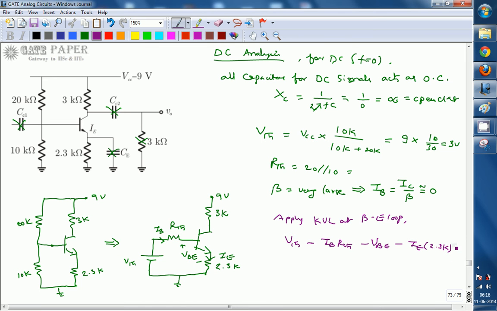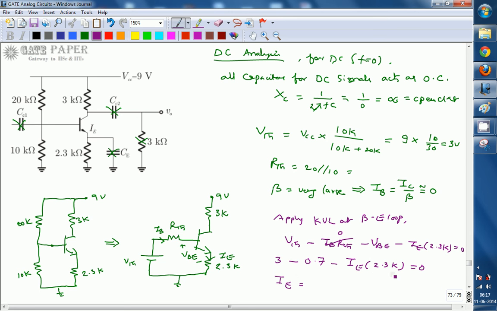VTH we have calculated as 3, and IB is equal to 0, so the IB term will be 0, given beta is very large. VBE is given as 0.7 volts. So minus IE times 2.3 kilo ohms is equal to 0. From this you can calculate IE is equal to 3 minus 0.7, which is 2.3, divided by 2.3 kilo ohms, which is 1 milliampere.